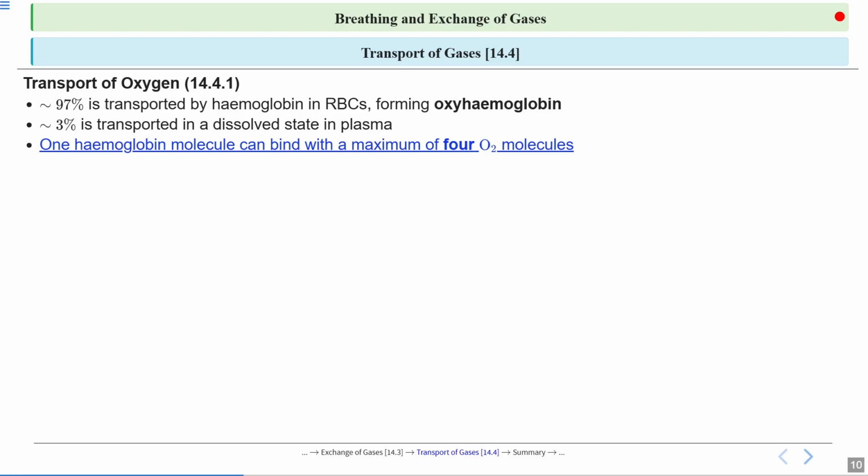They are talking about one hemoglobin, and you should remember this number: the number of oxygen molecules is 4, because 4 heme, 4 iron groups are there, right?